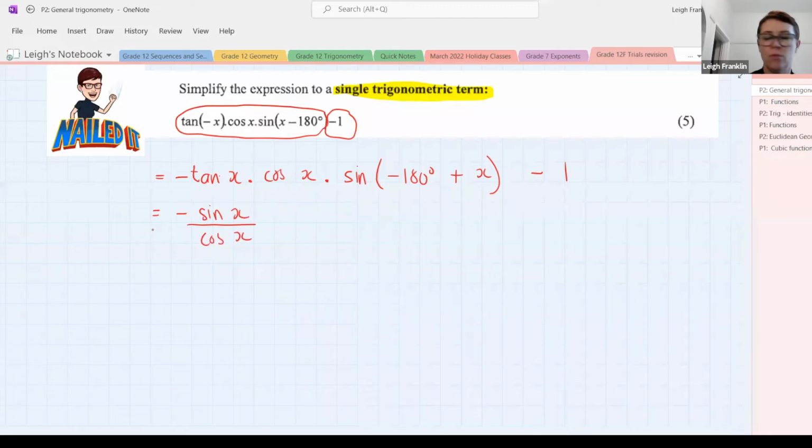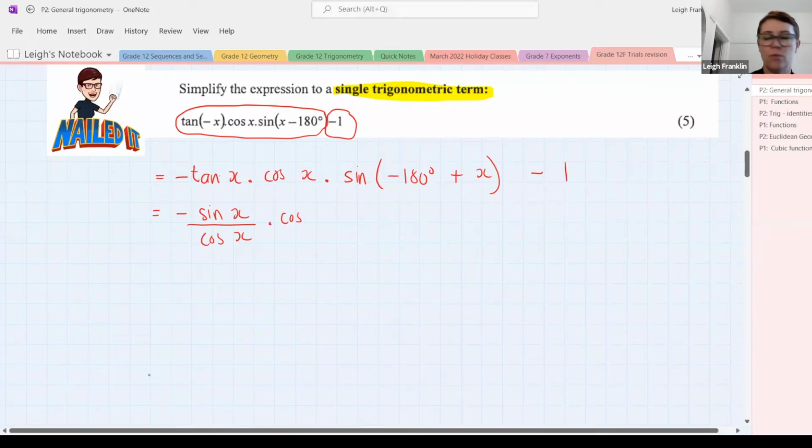See, Matrix, the negative only belongs to the numerator or to the denominator, not to both at the same time, because then it would be a negative divided by a negative, which would be a positive. So only the sine or the cos has the negative. I just make a habit of putting it into the numerator. Multiplied by cos x.